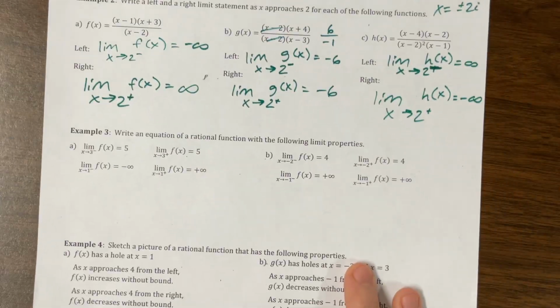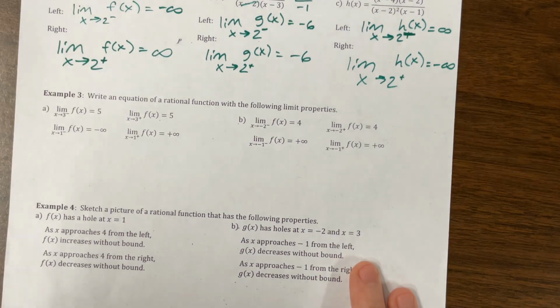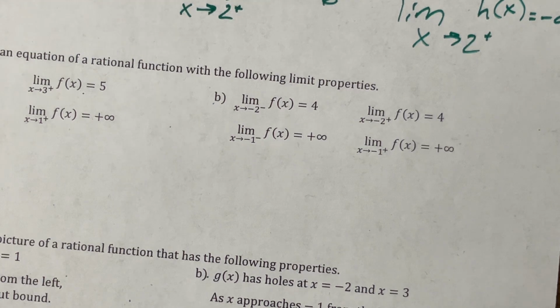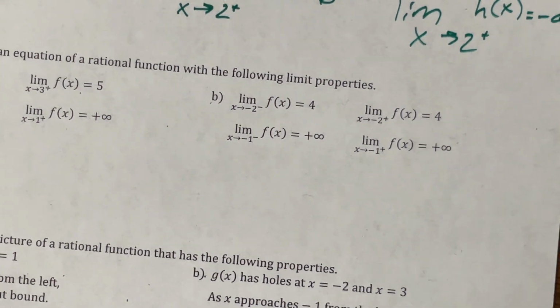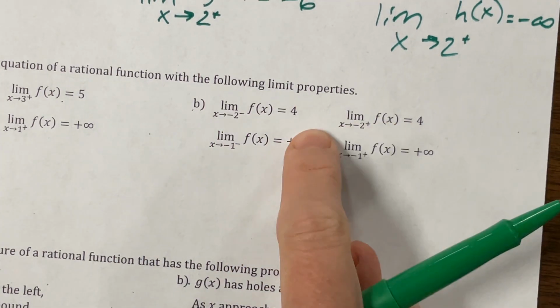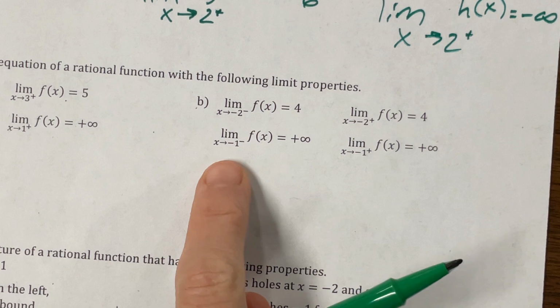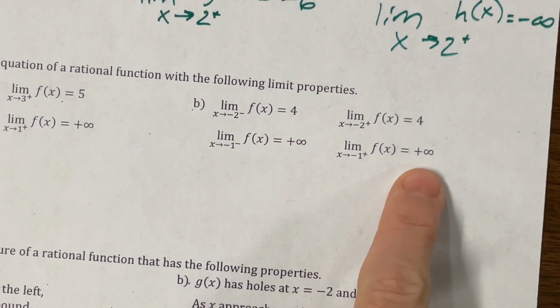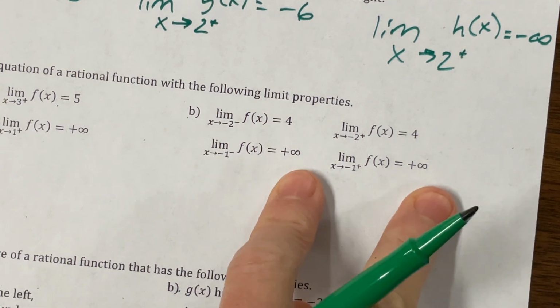Okay, let's see if the next one is a little more clear, not clear cut, but has less room for options and less room for discernment, perhaps. So we are approaching negative 2 from the left and from the right, and we're coming up with 4. We're approaching negative 1 from the left and from the right, and we're going to positive infinity on both of those.